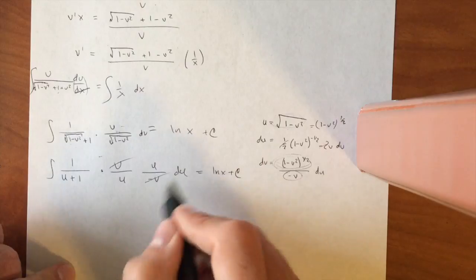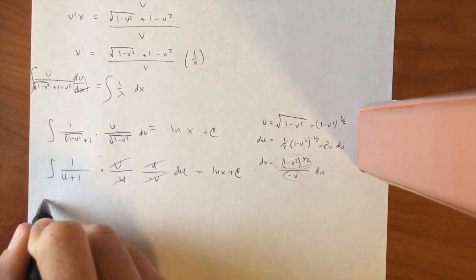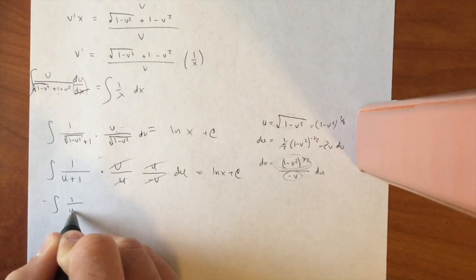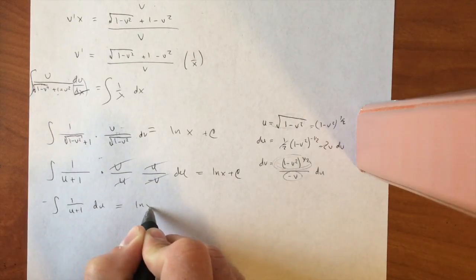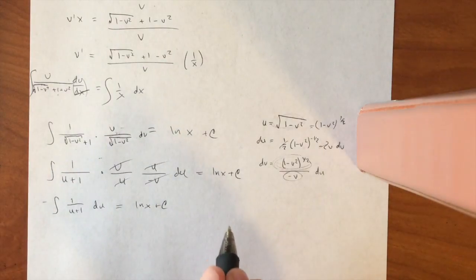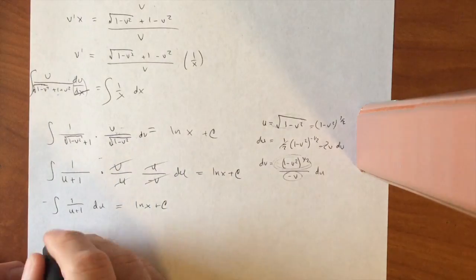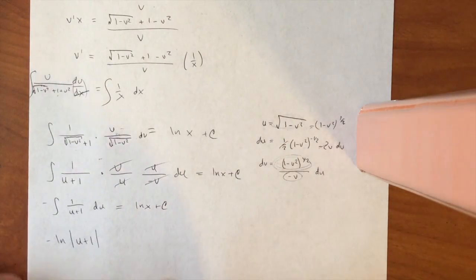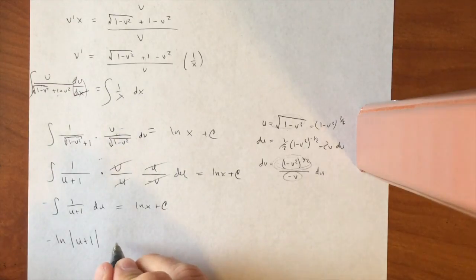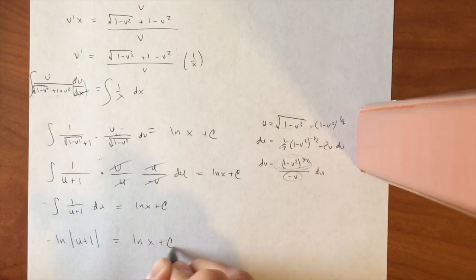And then we can see that this cancels out beautifully. The v's cancel out. We'll bring the negative out here. Now, thankfully, this is a very simple integration. It's going to be negative natural log of the absolute value of u plus 1 is equal to the ln of x plus c.